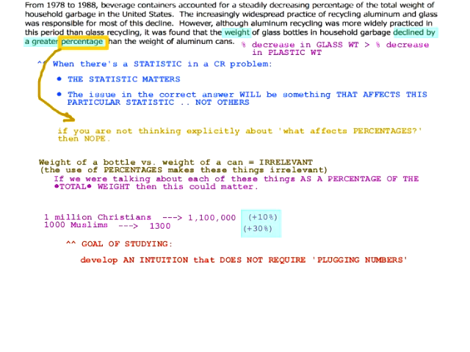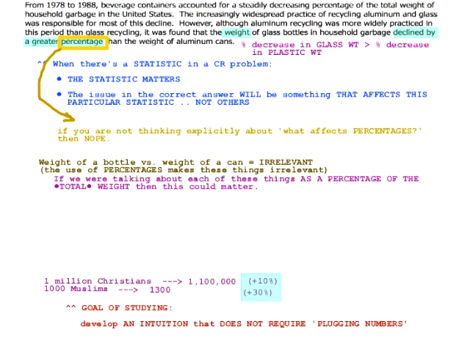Also, the other thing that doesn't make any difference, aside from glass bottles themselves being heavy, is the relative amounts of them. Just like we don't care if there are 1 million Christians here if we're comparing these two blue percentages.